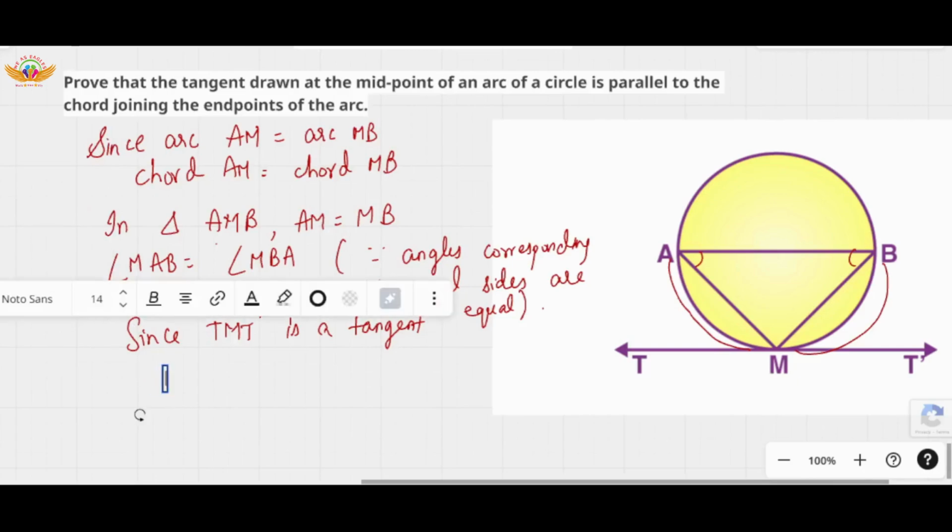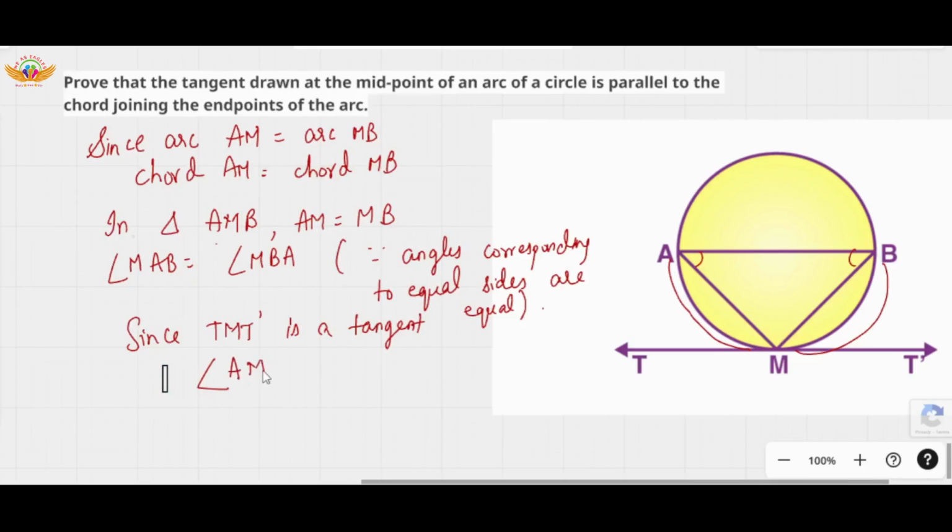So angle AMT is equal to this one, and also angle MAB, this one. So what can we say? These are the alternate angles.